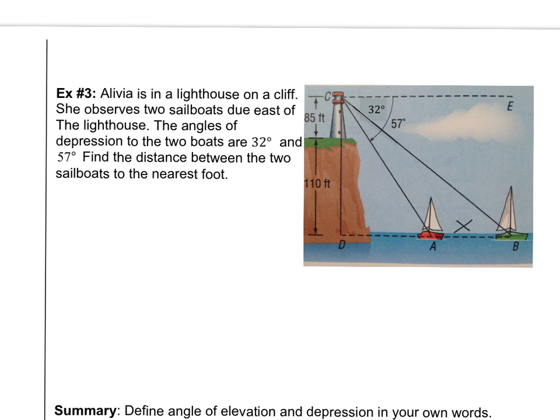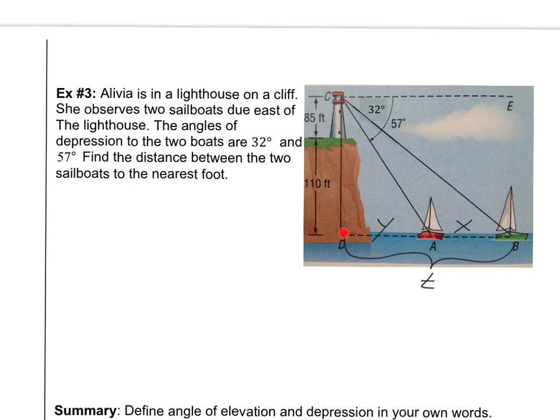Here's the deal with this type of problem. You need to find this total distance. I'm going to call it t for total. Then you need to find this distance. Let's call it y. And you need to do the total distance t minus this distance y to find x. The reason being is x is not a part of a right triangle. If you look at it, the triangle here is not a right triangle, so we don't have enough information to solve for x.